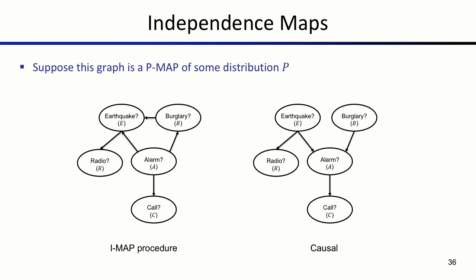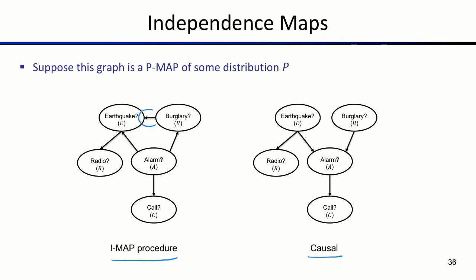So just to show you in a little bit more organized way, this is what we get with the IMAP procedure. You should call it the minimal IMAP procedure, and this is the causal one. So if we compare, at least for me, the causal one is simpler to understand, and also it has fewer edges.